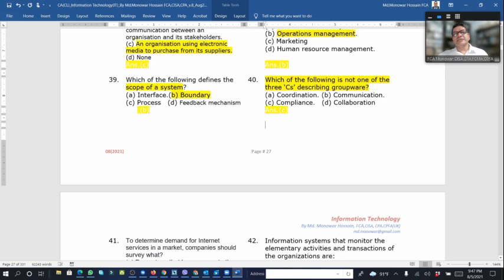Compliance. Coordination is okay, as are communication and collaboration. Those three items are for group work, but compliance is not part of that group. So this is the answer. The real answer is 3, but as per the question, the answer is C.